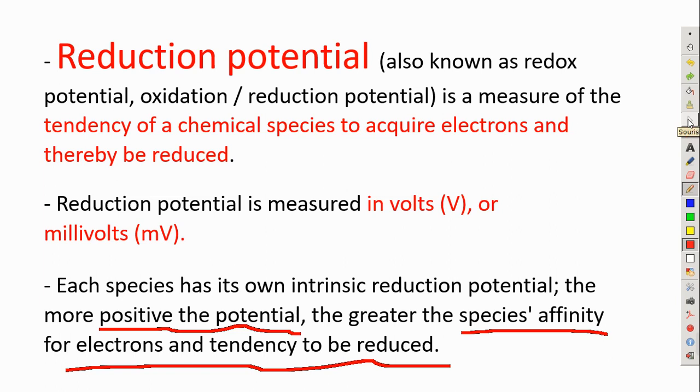I'll let you write this down and have a think about the words and make sure you understand reduction potential. There's a capacity of being able to take electrons, and each molecule will have a different reduction potential, meaning some molecules will be more capable of taking electrons and some less capable of taking electrons.